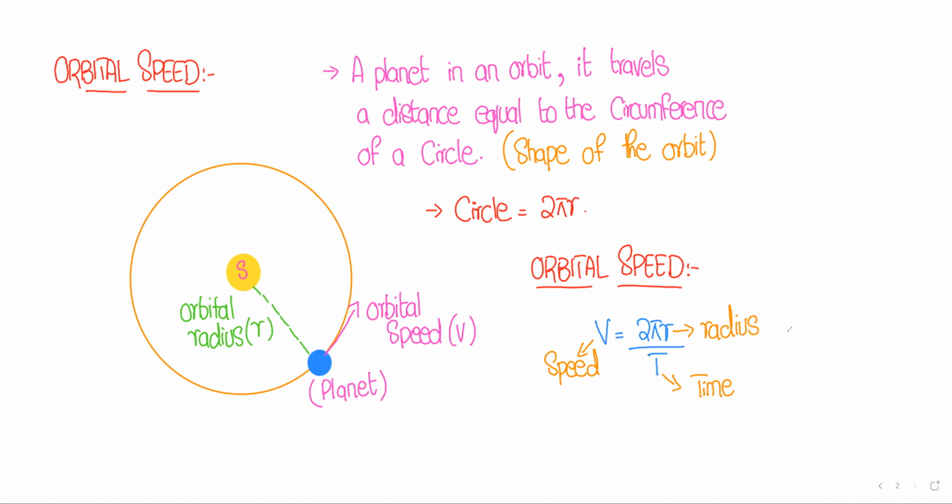Normally, if we talk about the planet Earth, it will take 365 days. So let's suppose if we calculate the orbital speed of the Earth, we take the reference time which is equal to 365 days, right? And let's suppose the speed of the Earth, orbiting around the Sun, is given as 30 kilometers per second.